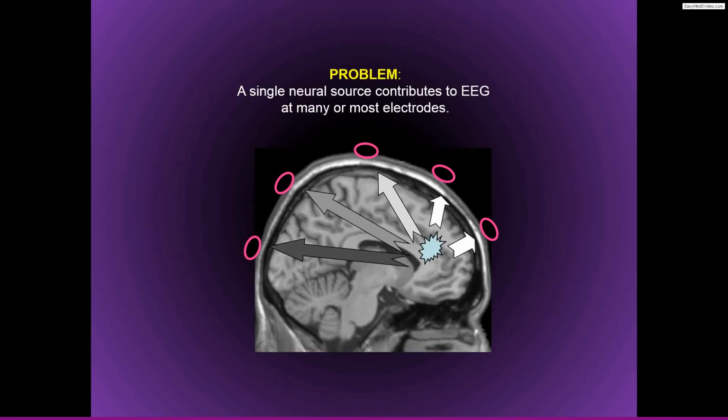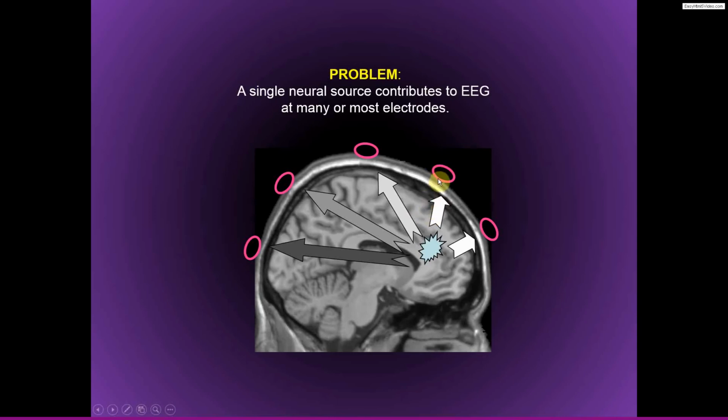But it becomes a problem because there's, you could say, excessive volume conduction. And this is a big problem for topographical localization, for brain localization, and also for connectivity analyses. What we would really like, ideally, is a one-to-one mapping between the activity recorded at a particular electrode and some brain activity directly underneath that electrode.